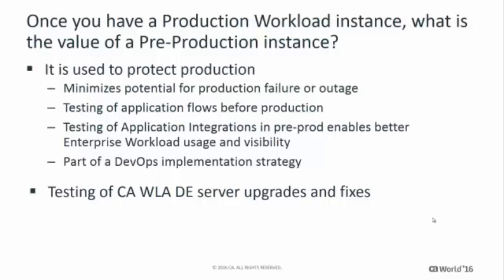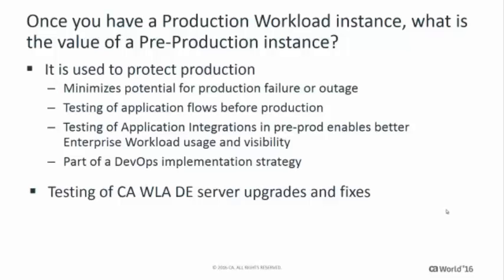So once you have a production workload instance, what is the value of a pre-production instance? Well, a pre-production instance is used to protect production. It minimizes the potential for production failure or outage. It is used for testing of application flows before reaching production.